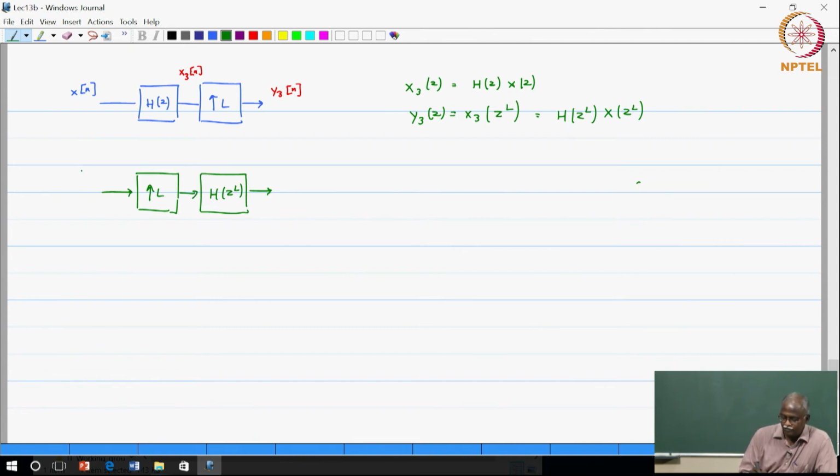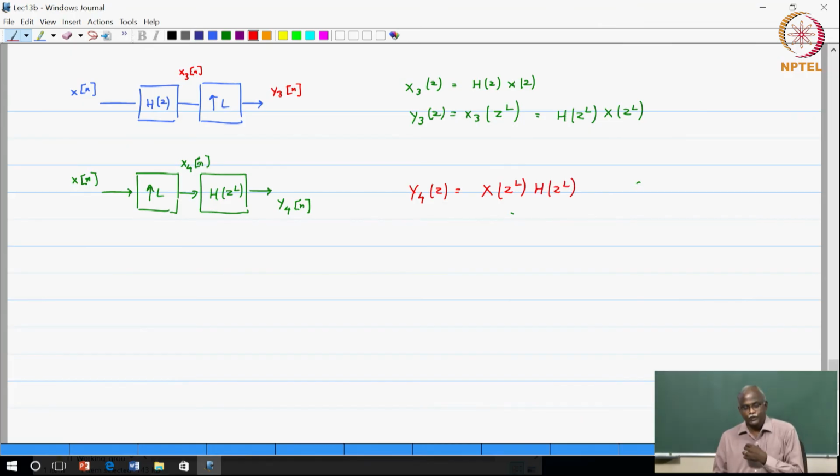This is x of n, x4 of n, y4 of n. x4 of z will be x of z power L, and the output y4 of z is nothing but x of z power L times h of z power L. So, here again we have shown two structures that are equivalent.